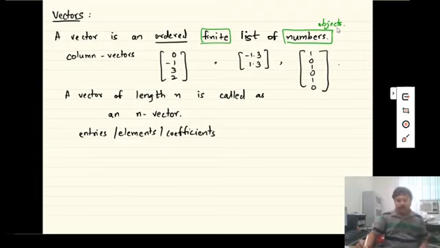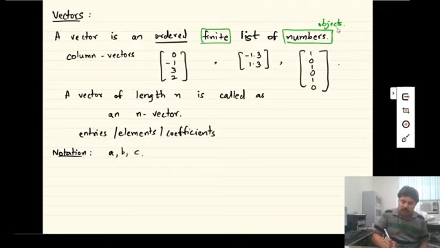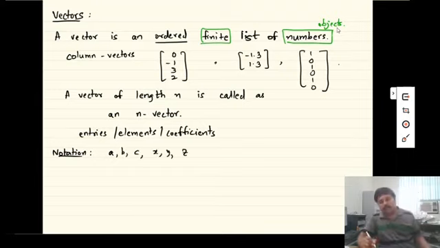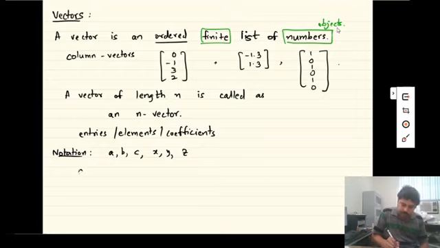And more mathematically, I will denote these vectors by these letters a, b, c, x, y, z. By small case letters, I will generally write down the vectors a, b, c, and a1 will represent the first entry of vector a.